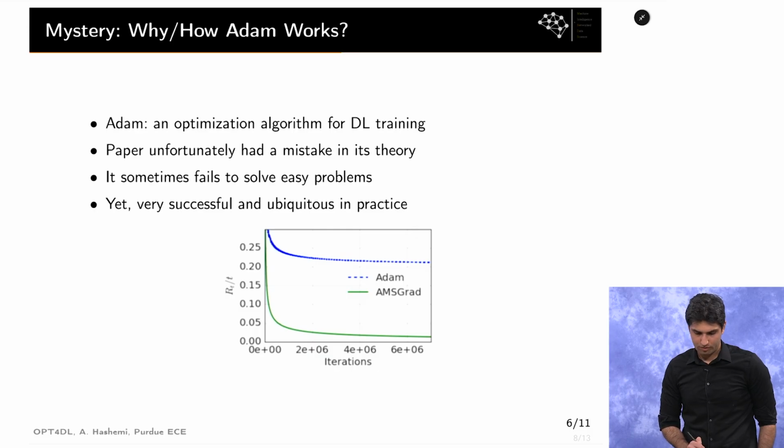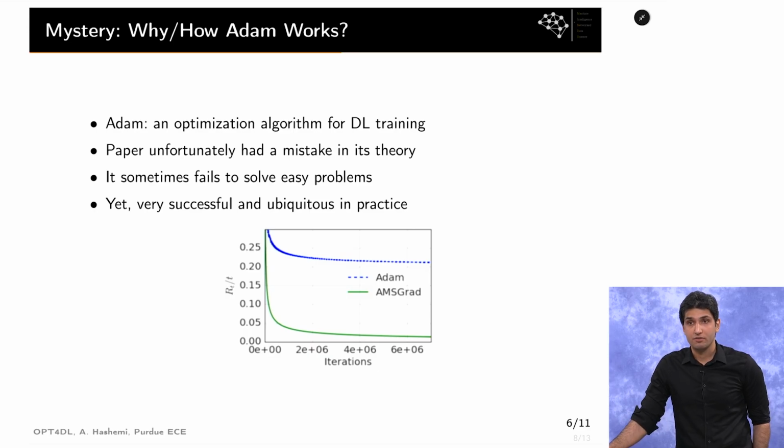Okay, so the first mystery is why and how ADAM works. What is ADAM? You might have heard of it, and it's nothing but an optimization algorithm that is used extensively when training deep learning models. It has received a lot of attention, and it is, I would say, very successful many times when training sophisticated deep learning models.